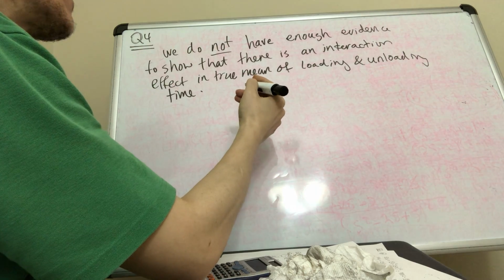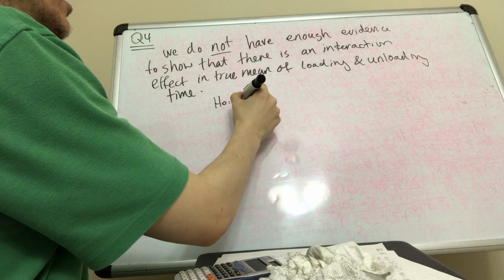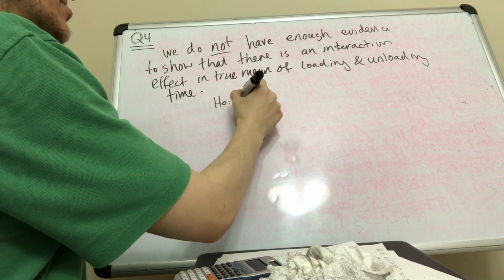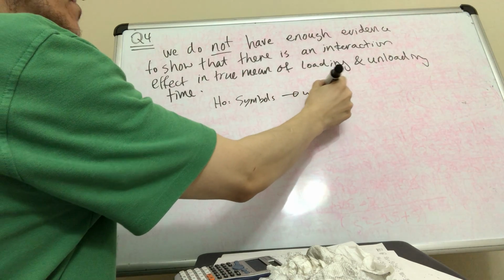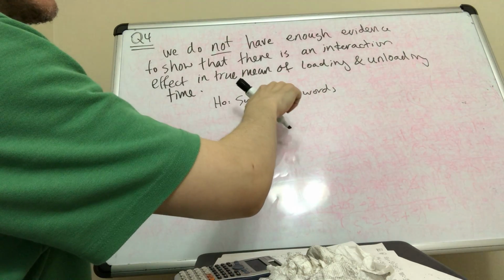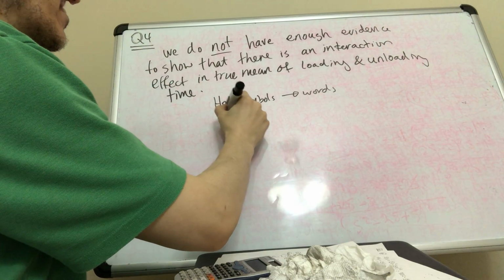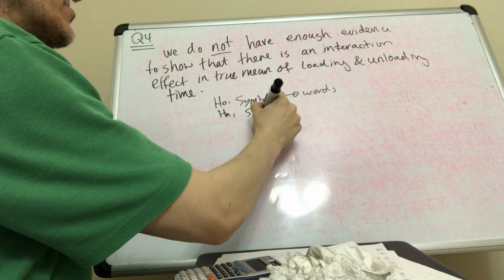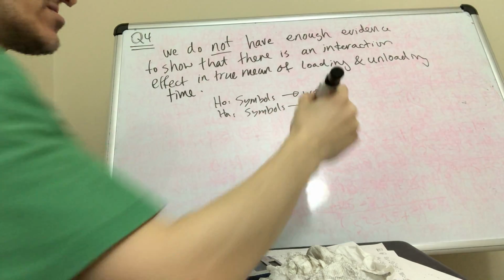So for example, when you do any hypothesis, you do it in symbols first, then you do it in words. Mu not equal 0, true mean not equal 0. Same here, you do it symbols first, and then words.